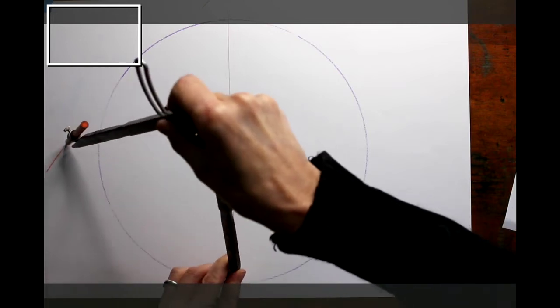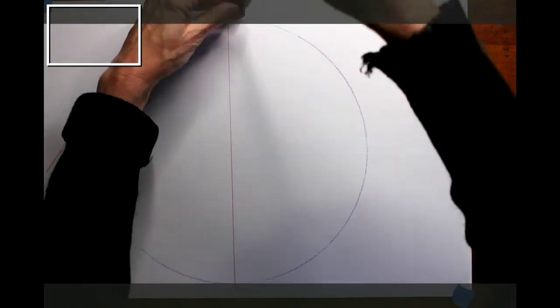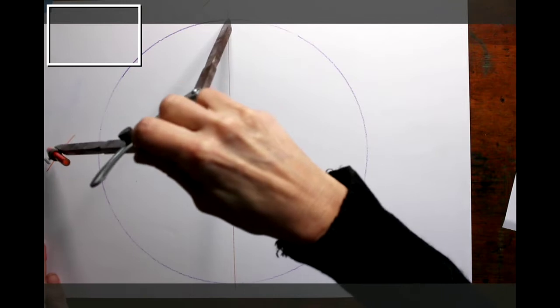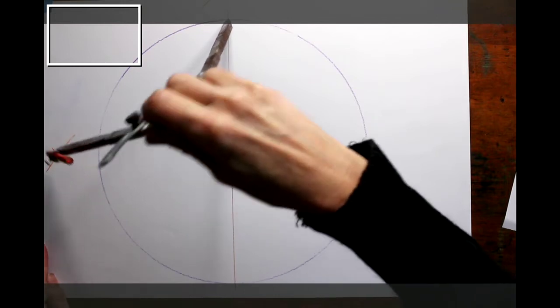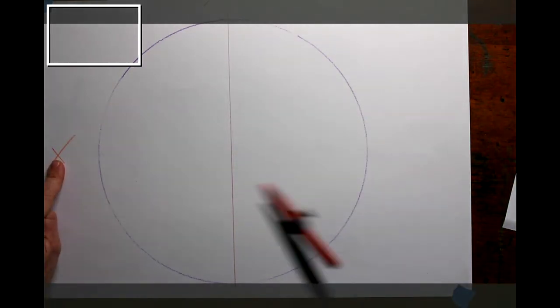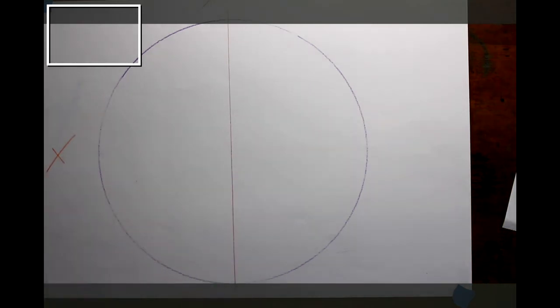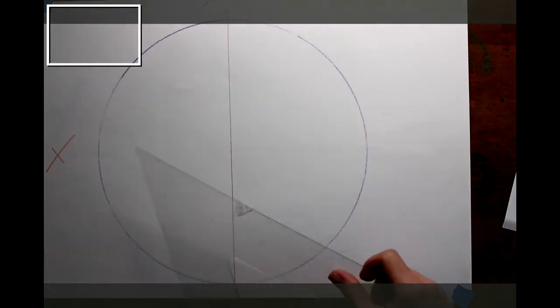Draw an arc outside of the circle, move the point of my compass over here to the other point of intersection, draw an arc, and use these 2 intersecting arcs to draw a line through the center of my circle that bisects this line and divides my circle into 4 even parts.